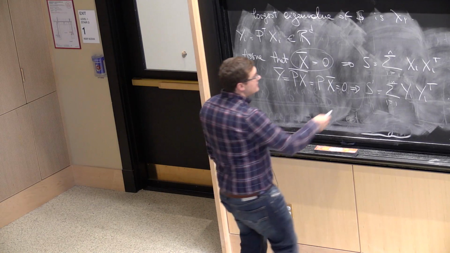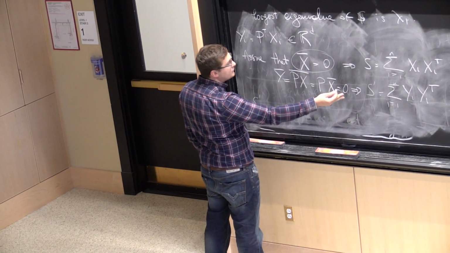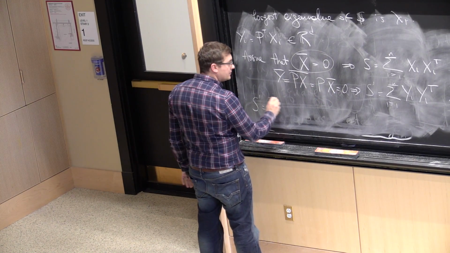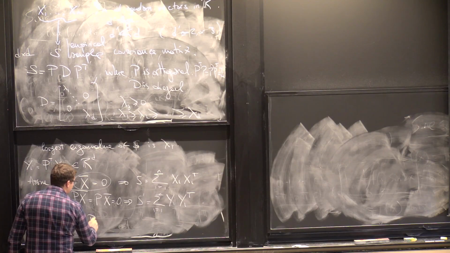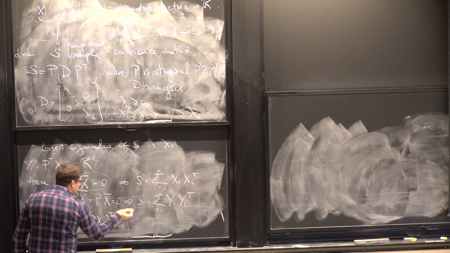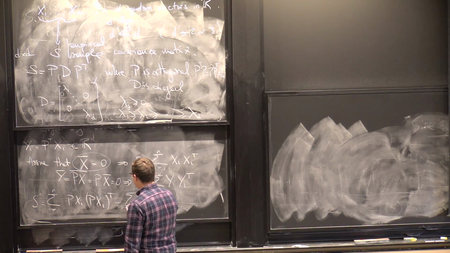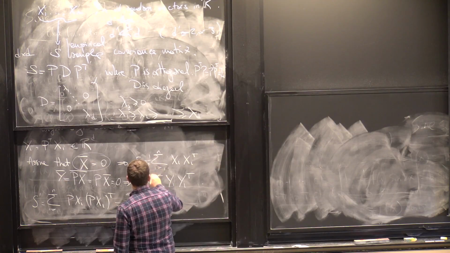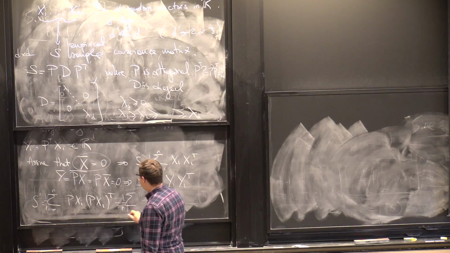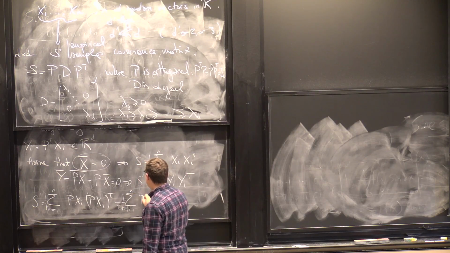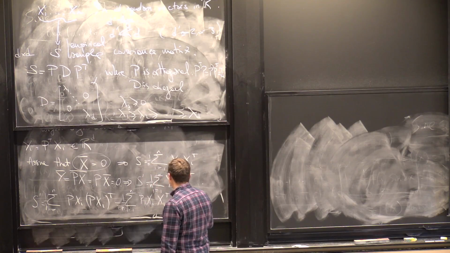All right, so now I look at this S prime. And so what is this S prime? Well, I'm just going to replace Yi with P xi, right? So it's 1 over n sum from i equal 1 to n of P xi xi transpose P transpose.